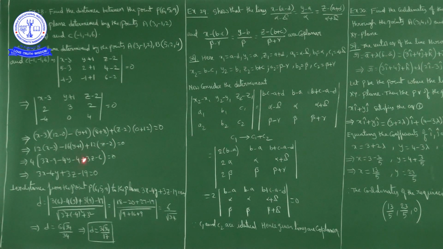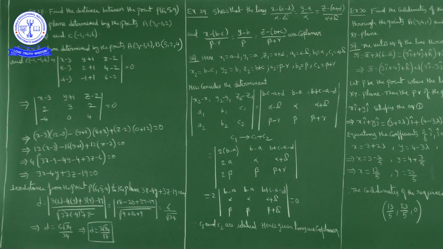Now this product is 0, so either 4 is 0 or this is 0. Because 4 is non-zero, this part is 0. So what we have: 3x minus 4y plus 3z, minus 9 minus 4 minus 6, that is minus 19, equal to 0.